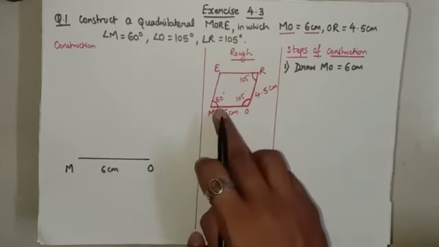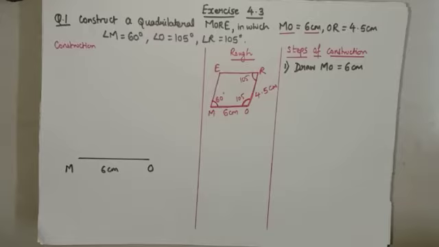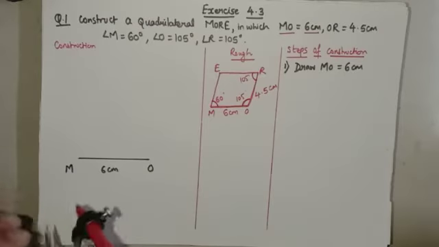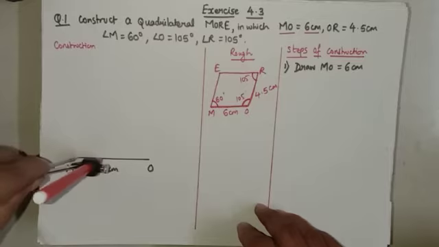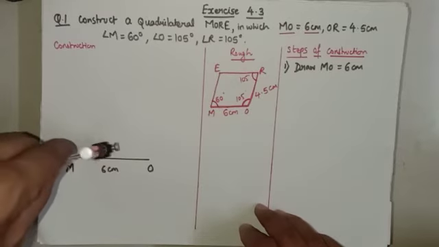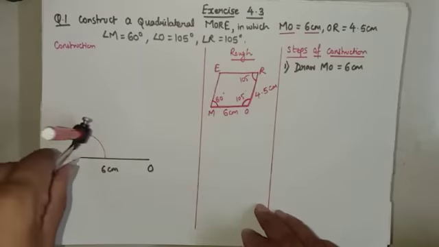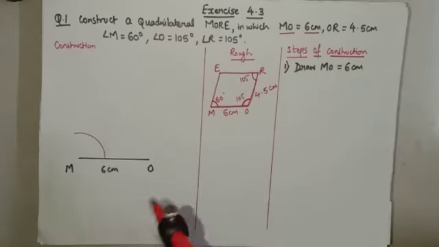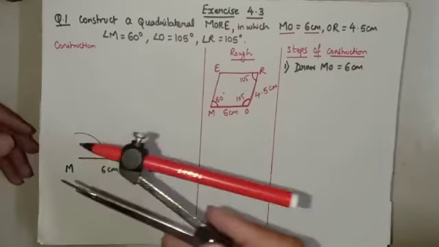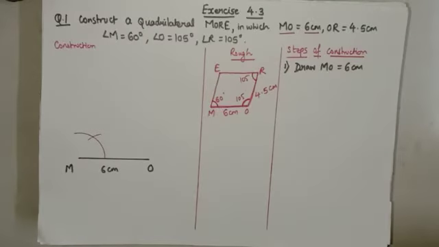Now at M, I have to draw an angle of 60 degree. So how to draw an angle of 60 degree? Just using a compass. I have already shown in the previous video session how to draw this, so the same procedure I will be following here. I am drawing an arc, and the first arc will be of 60 degree measurement, without changing the compass radius.